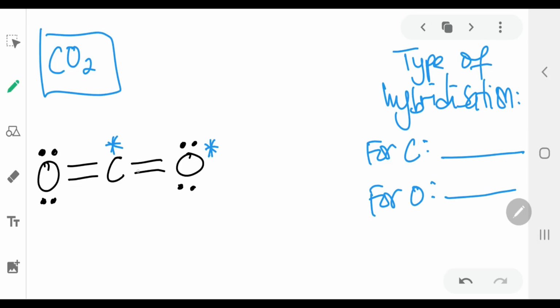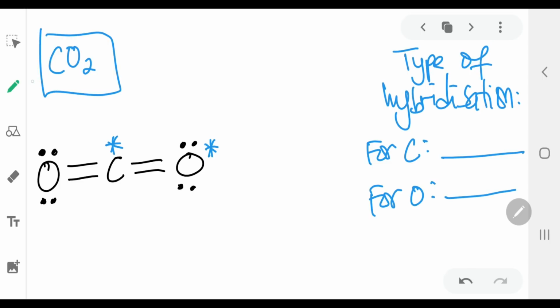So another example. Right now you have two atoms over there. So you need to state the hybridization for carbon and oxygen. Why is this one hybridized? Because just now in the important notes, I told you that an atom with multiple bonds attached to it will also get hybridized. Okay.